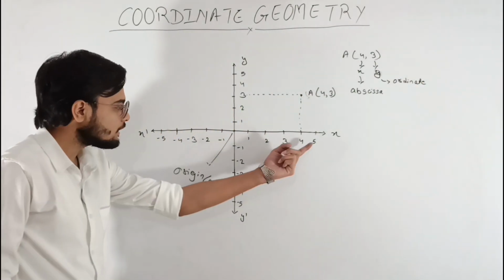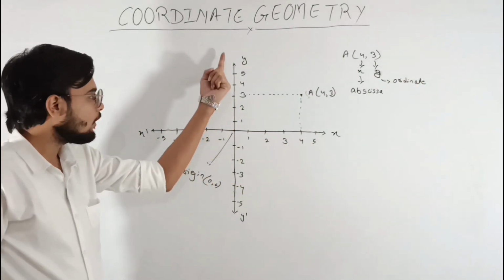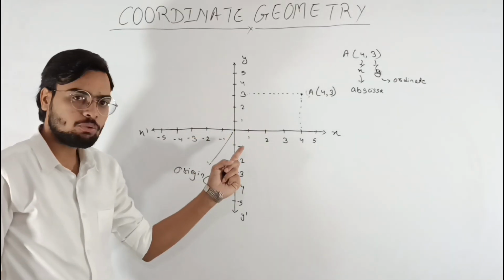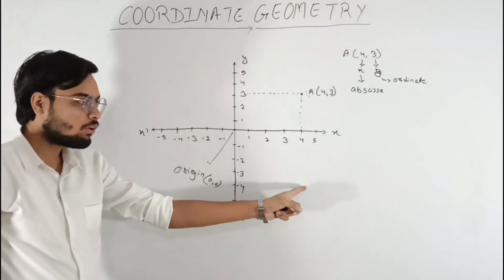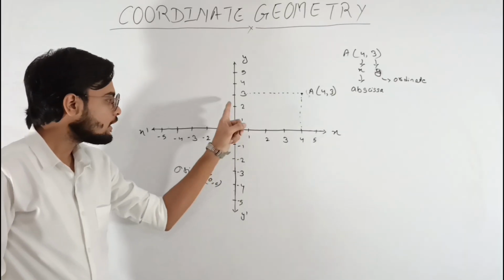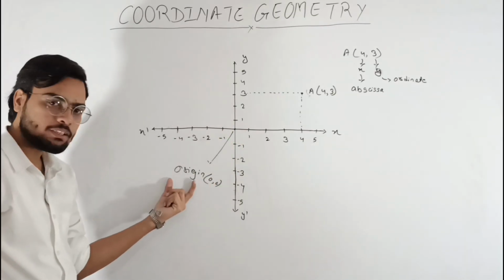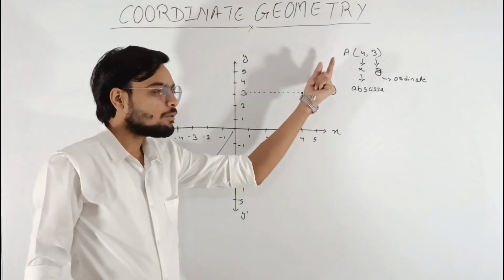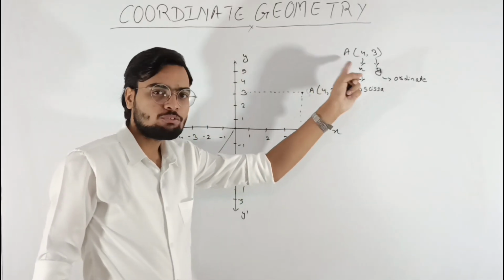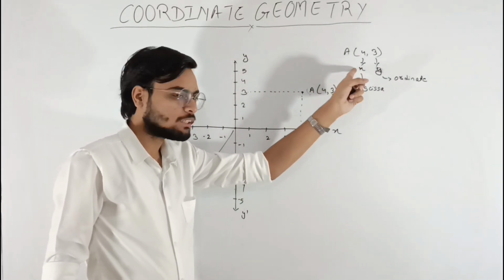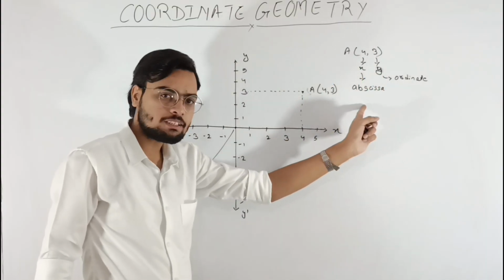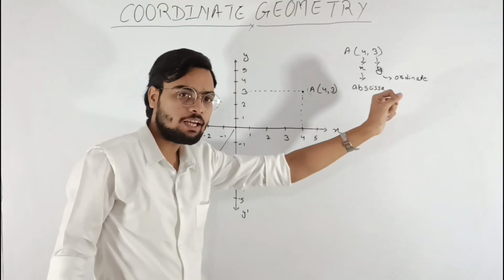Understood? The horizontal number line is x-axis, the vertical number line is y-axis. When they are perpendicular to each other, the plane formed is called Cartesian plane, and the point where the two axes intersect is called origin, with coordinates 0 comma 0. Suppose we have a point A (4, 3), then 4 is the x coordinate, 3 is the y coordinate, known as abscissa and ordinate.